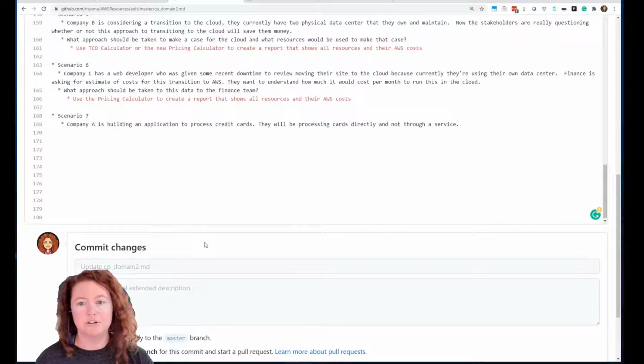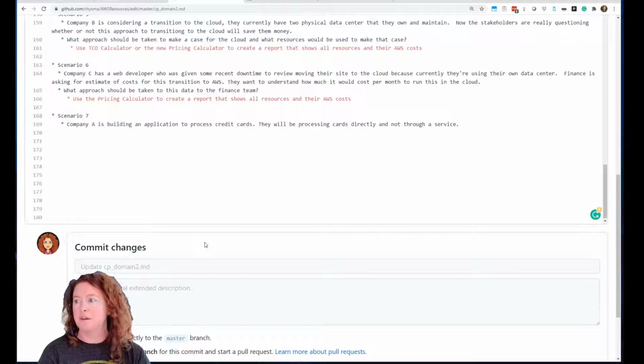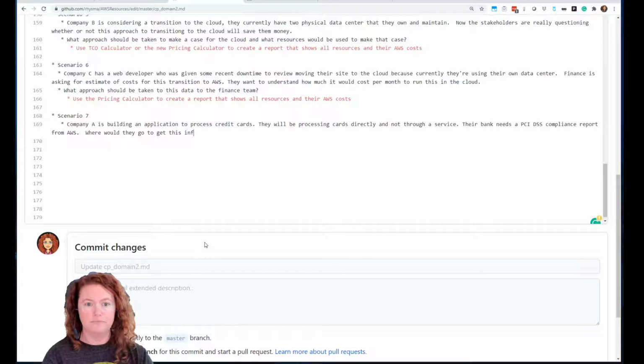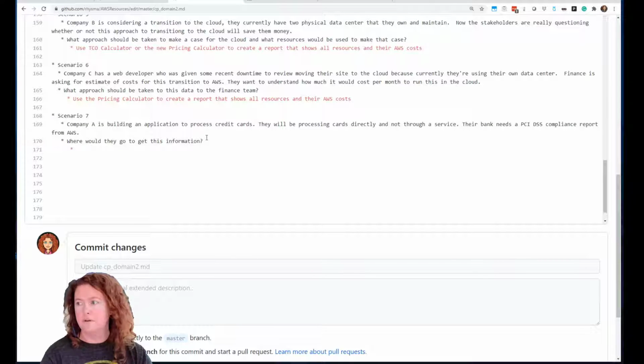And they don't mean an AWS service, they mean a credit card processing service. Their bank needs a PCI DSS compliance report from AWS. Where would they go to get this information? All right, hopefully we remember that the AWS Artifact service that I talked about is the one that will get you compliance reports.